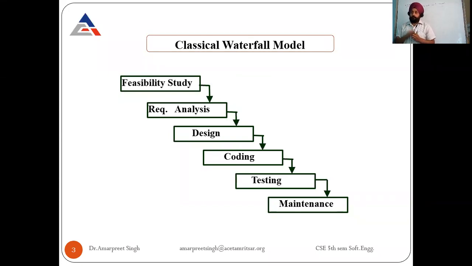First there was analysis of the requirement, then the design, then the implementation, then testing and maintenance. So the classical waterfall model basically exhibits all the phases which are required in a software development process.